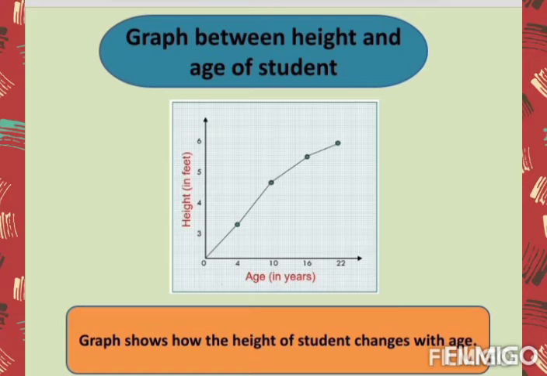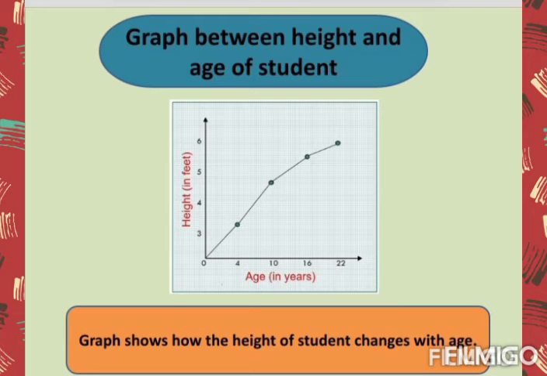As you can see, at the age of 4 years, the height of the student is around 3 feet, and at 10 years the height of the student is around 5 feet.